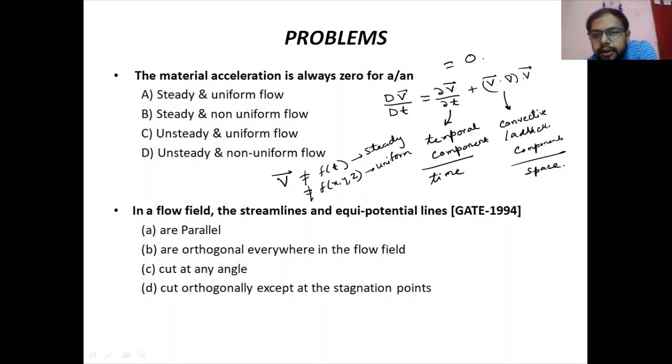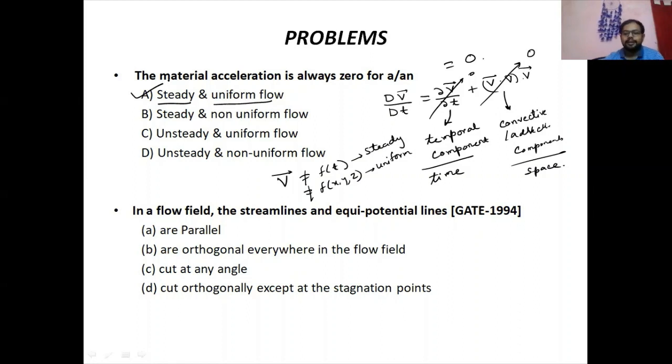In case of steady flow, the temporal part vanishes. In case of uniform flow, the spatial or advective part vanishes. So the answer is that the material acceleration is always 0 for steady and uniform flow.